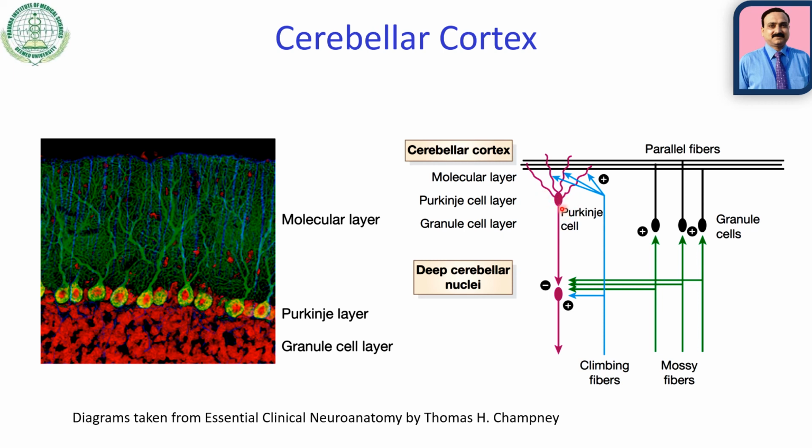Their axons are in granule cell layer, and along with that granule cells are there, and fibers are arranged perpendicular to the surface, and in the molecular layer the fibers are arranged parallel to the surface. Now deep cerebellar nuclei, they are in the deep part of the cerebellum.